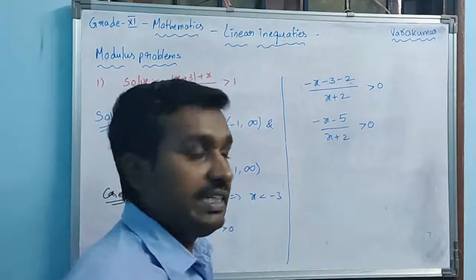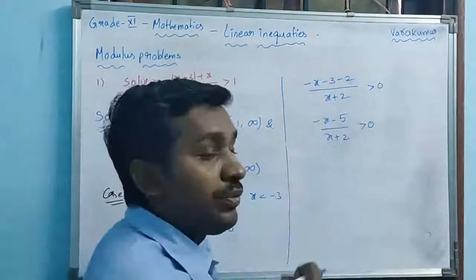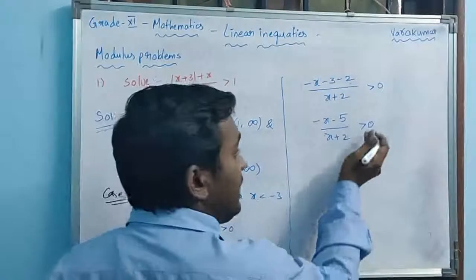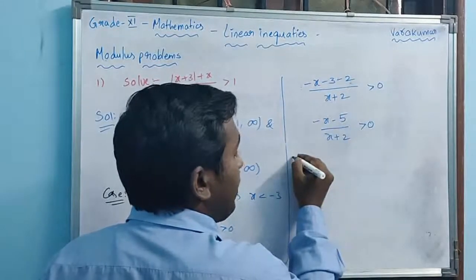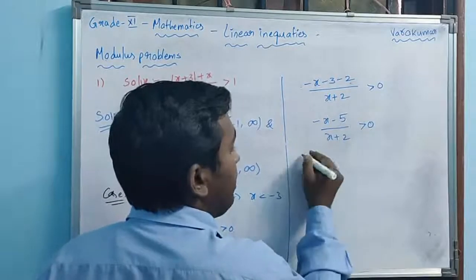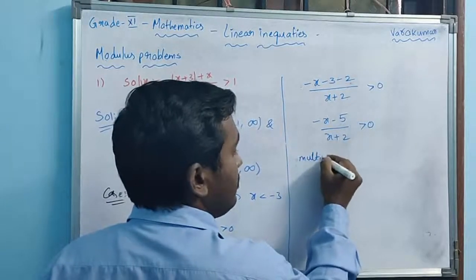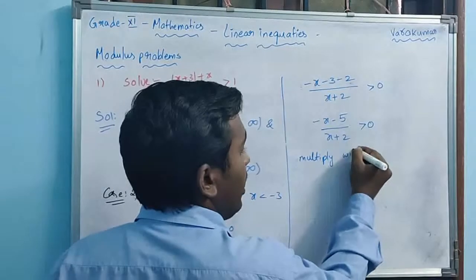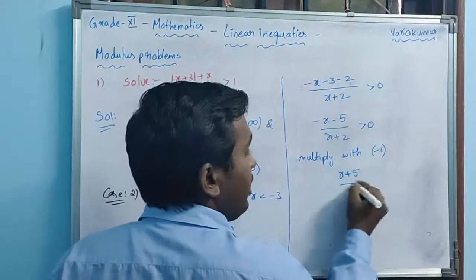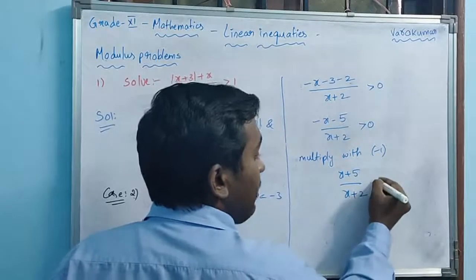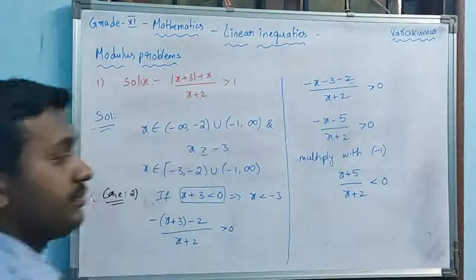To make it so, we multiply both sides by -1, and the inequality symbol changes. So it becomes (x + 5)/(x + 2) < 0.